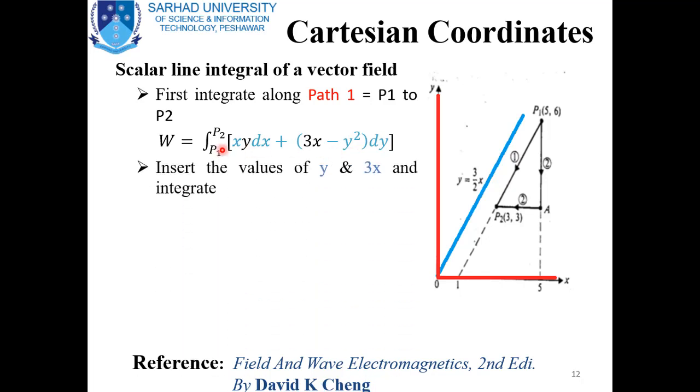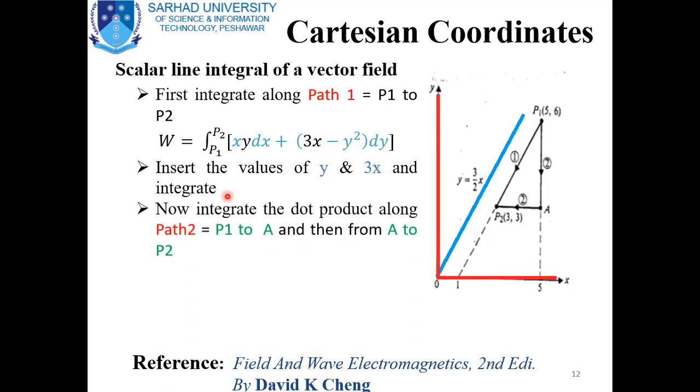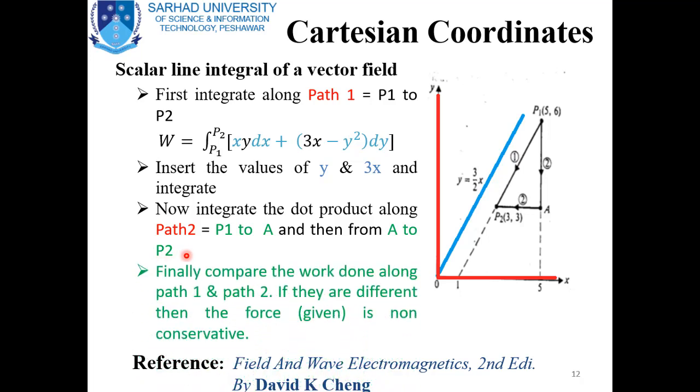Then we will integrate and find the work done along path 1. Similarly, for the work done along path 2, we will integrate the work done from P1 to A, and then calculate from A to P2, and this work done will be the work done along path 2.